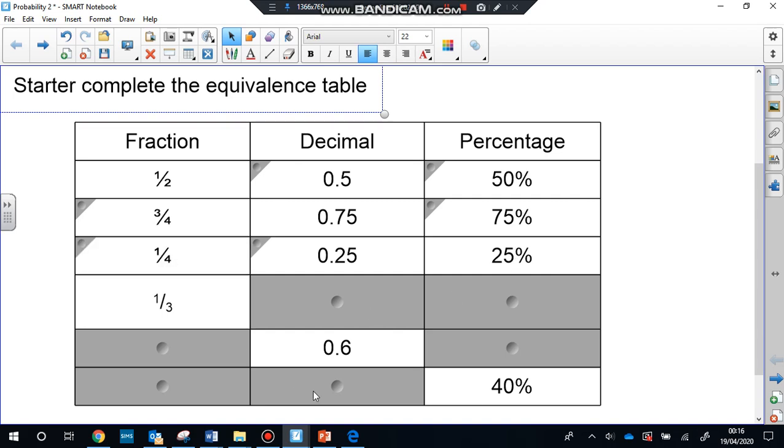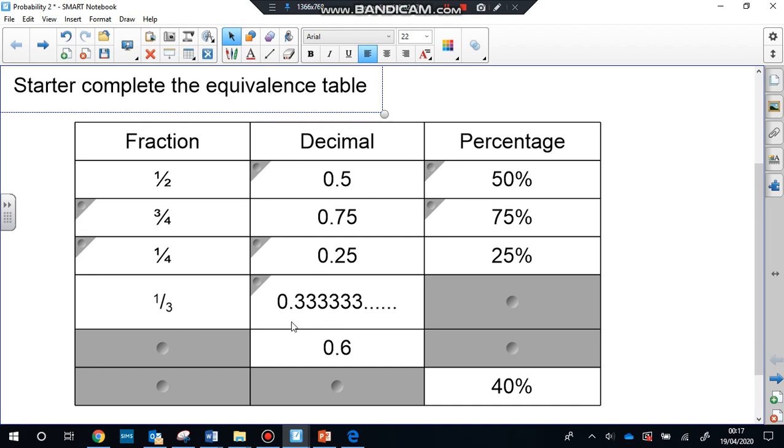be cancelled to 1/4. Now this one's slightly harder, a third. So the equivalent decimal to a third is actually 0.3 recurring. It's not 0.3, okay? So 0.3 would be wrong.